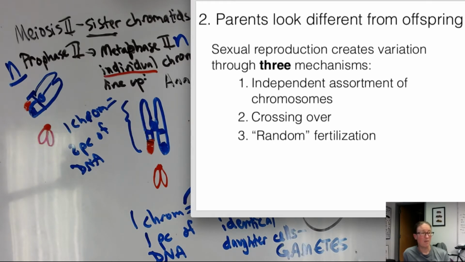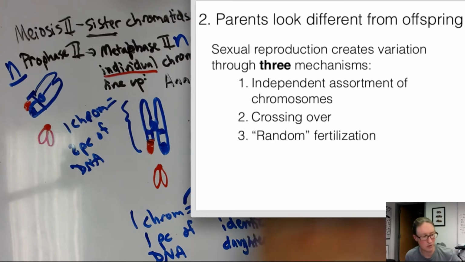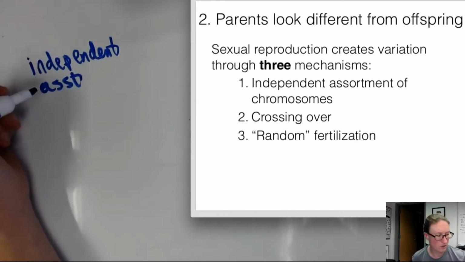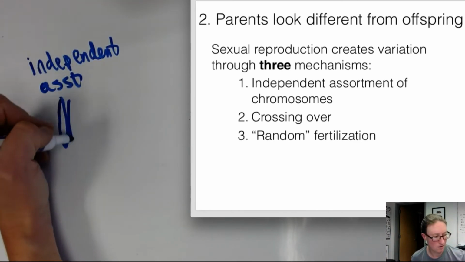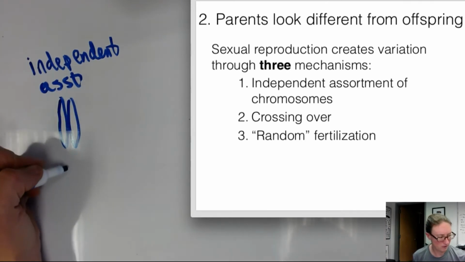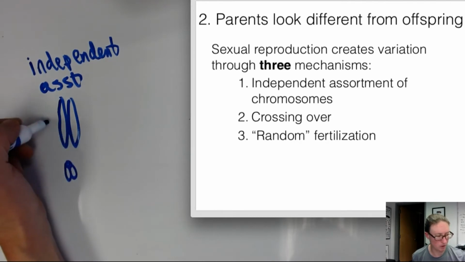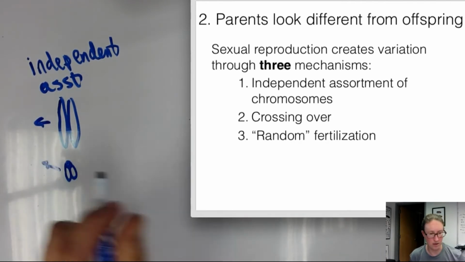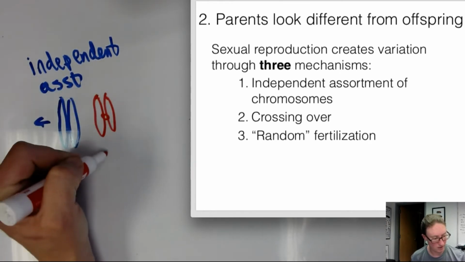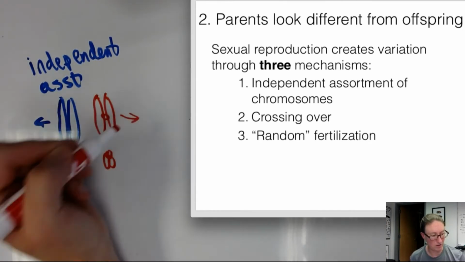So during metaphase 1 and anaphase 1, that's the idea that the big blue chromosome and the little blue chromosome could both go in one direction, and then the big red chromosome and the little red chromosome could go in the other direction.